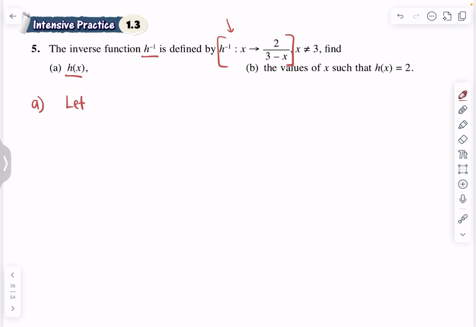Okay, the first step is always letting the question, in this case the question is hx, equal to y. If the question asks you to find h inverse x, you let h inverse x equal to y. Okay, so if hx equals y, h we bring there will become h inverse y equals x.